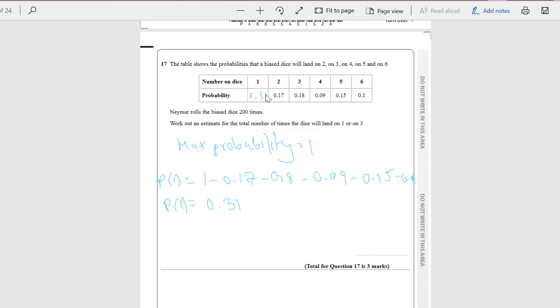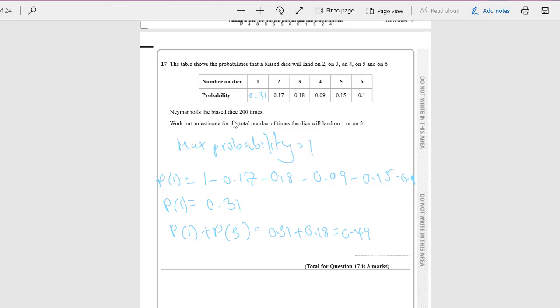So it wants us to work out the estimate for total number of times dice will land on 1 or 3. So what's the probability of P1 or P3? So that means it's going to be 0.31 plus 0.18, which is 0.49.